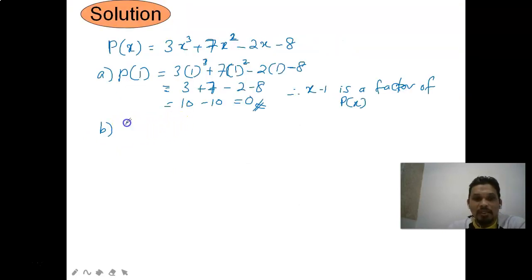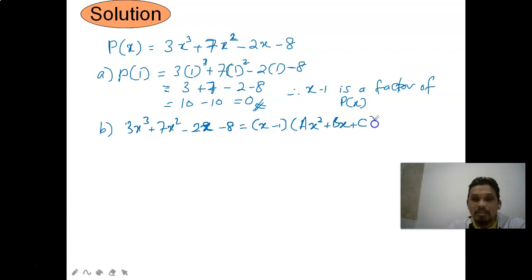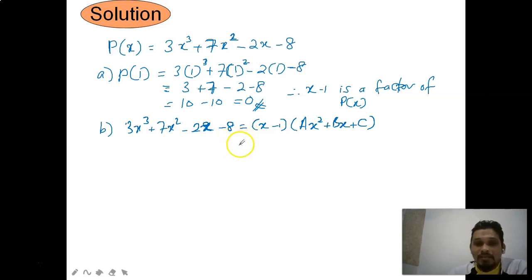So it means that 3x cubed plus 7x squared minus 2x minus 8 equals, okay, so this is what we call factorizing completely. So we have x minus 1 times, and the highest degree here is 3 and one of the factors is linear, so the other is ax squared plus bx plus c. Okay, now we are going to expand this.